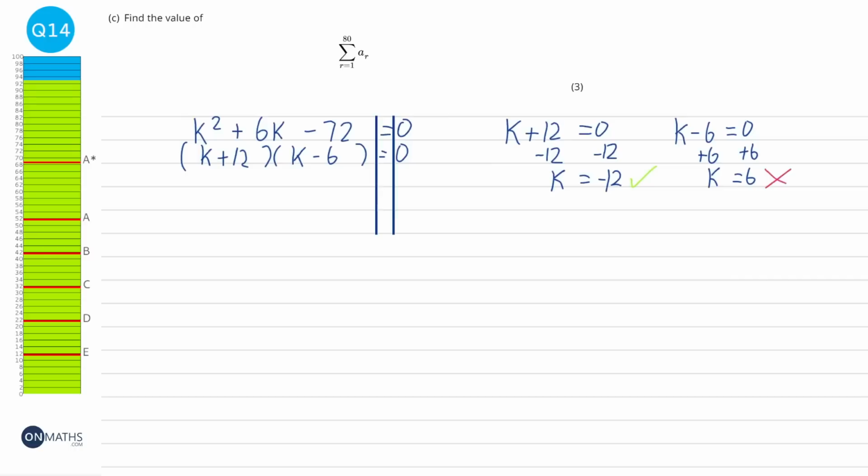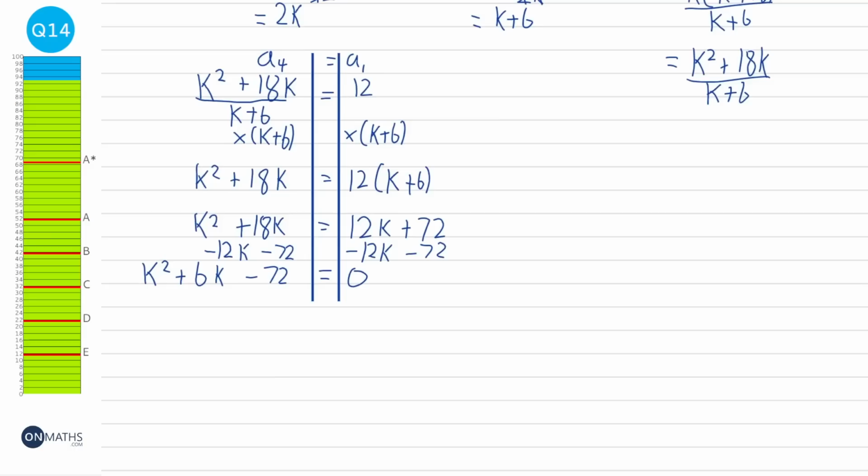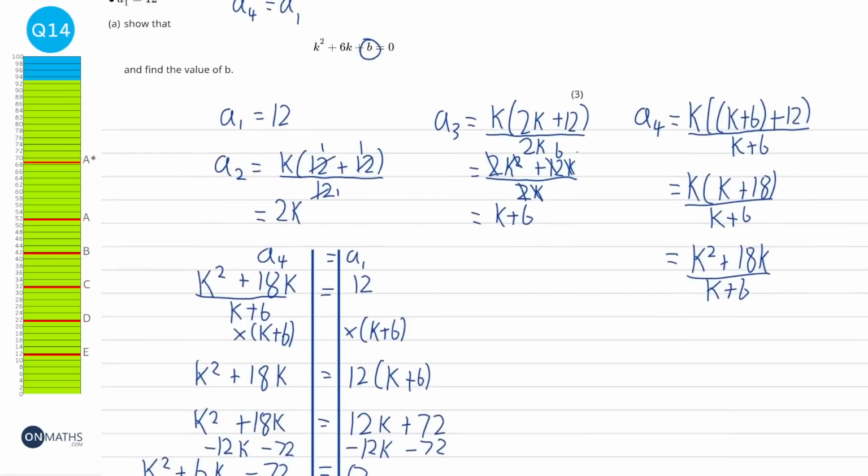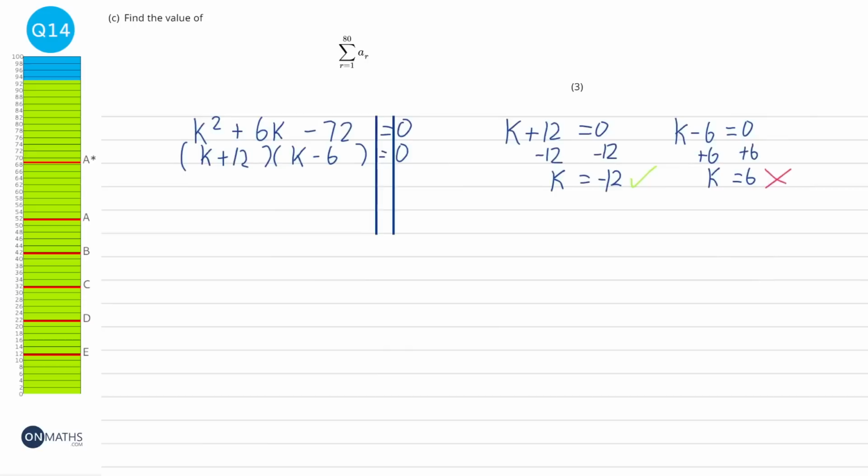So if our answer is minus 12, we go back to A, where we've put all of the terms in terms of k, and we actually just work out the values of them. So A1 is 12. A2 will be 2k, so that's 2 lots of minus 12, which would be minus 24.